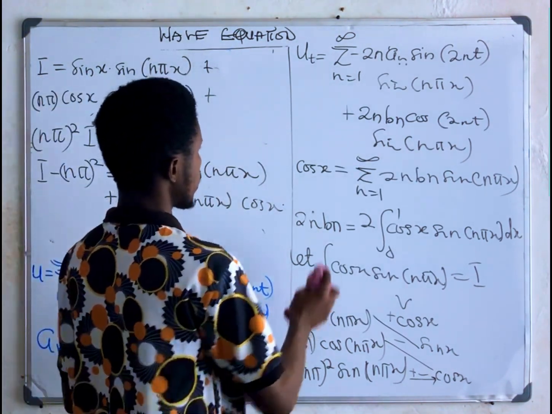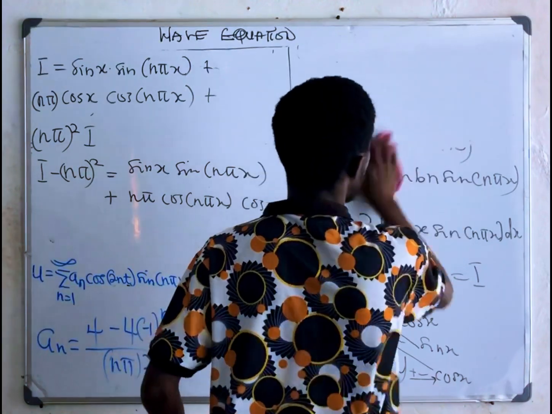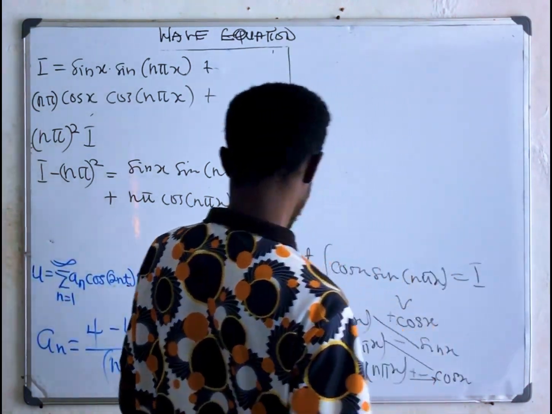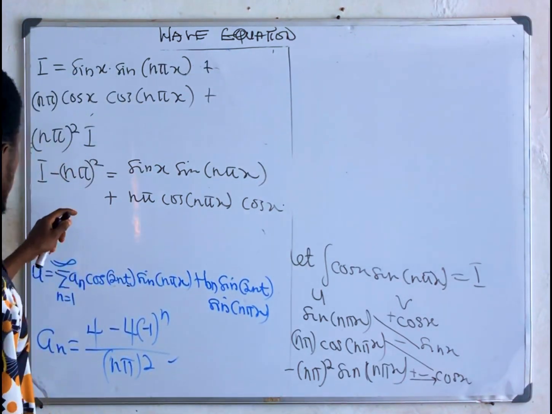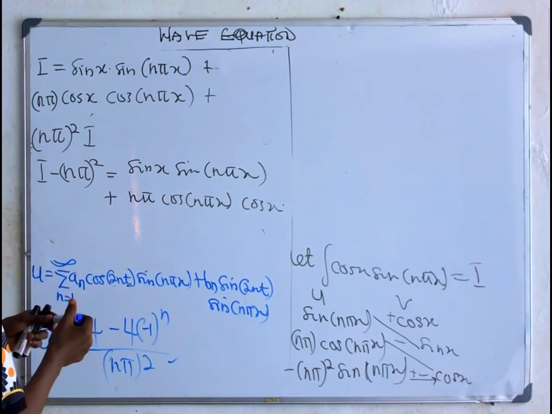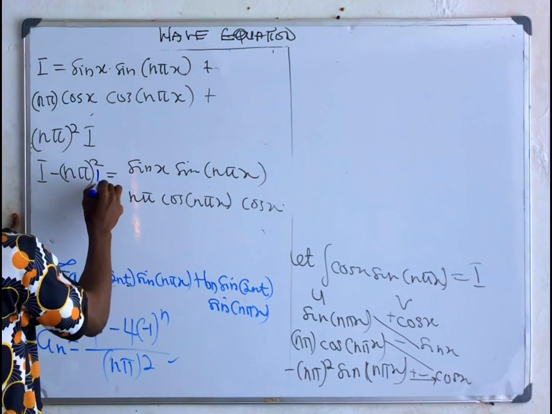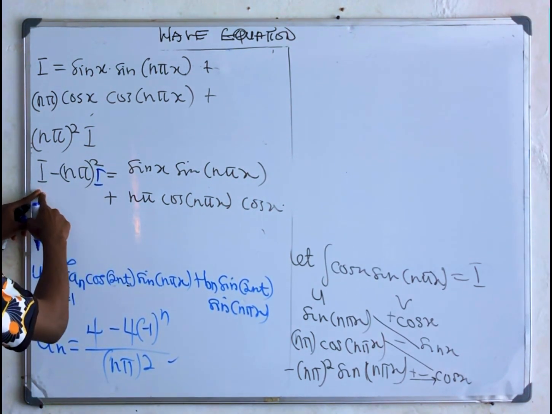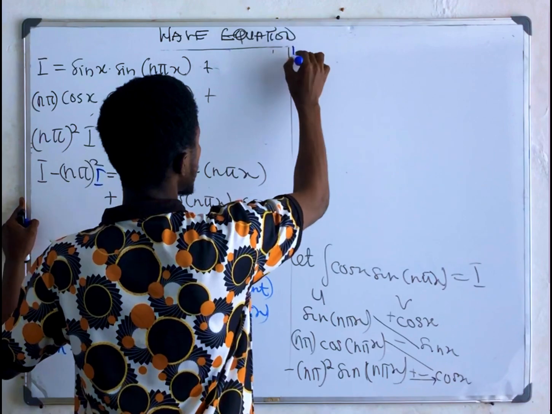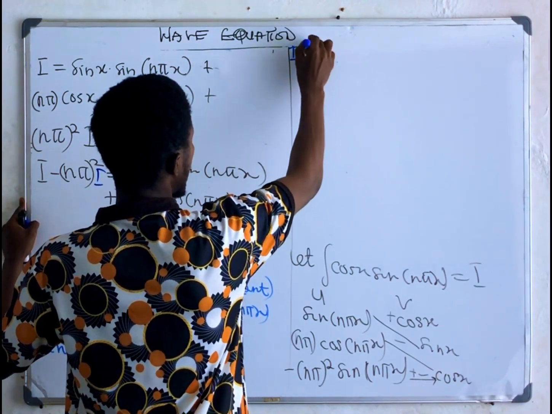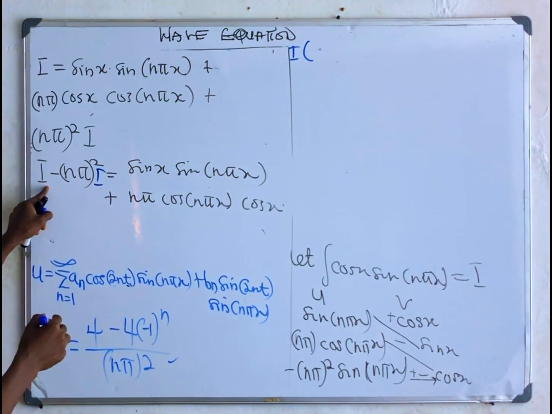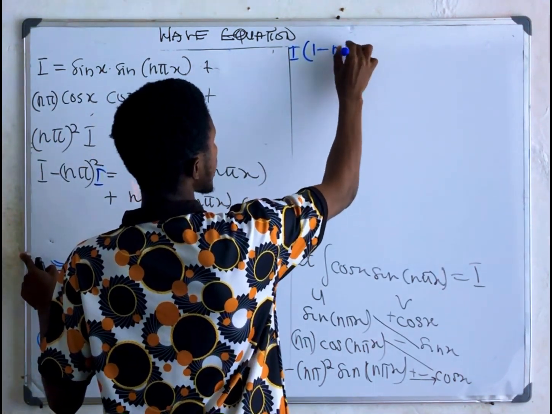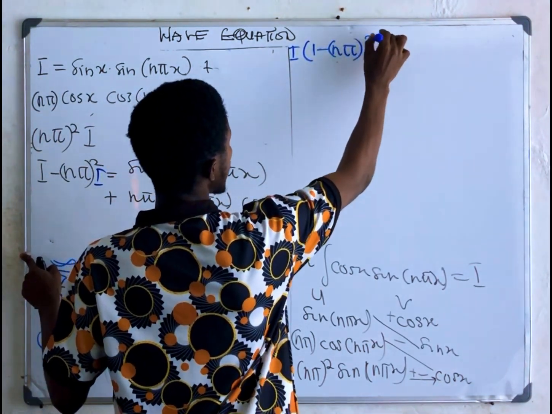So I'm coming back here. Now here, there must be I here because there's I there. Here, there's I here, I here. If I factorize I out, I'll be having 1 minus n pi squared.